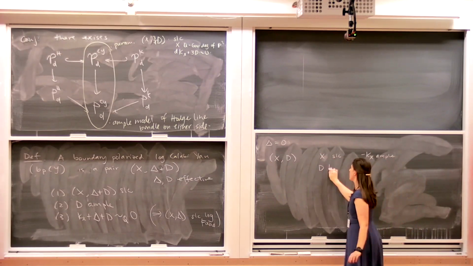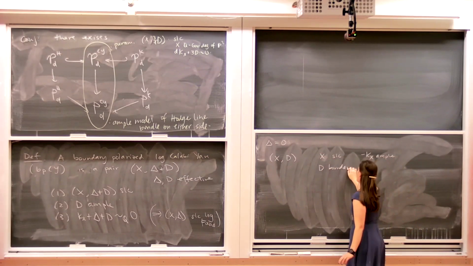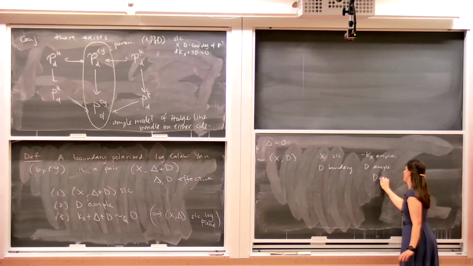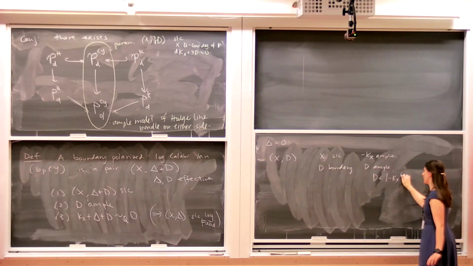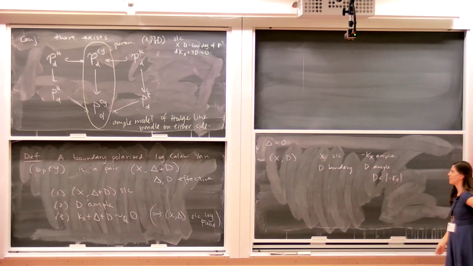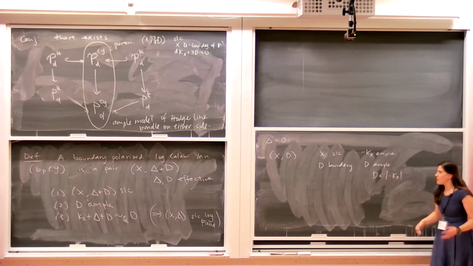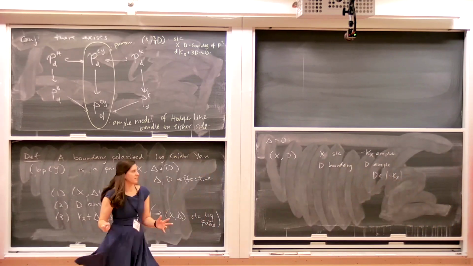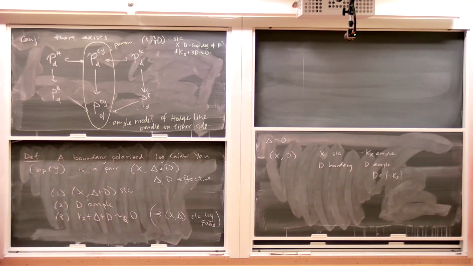And D is a boundary that is itself ample, in this linear system. I'm not being careful about the coefficients at the moment, but this seems like maybe a strong assumption. In fact, essentially all of the SLC Calabi-Yaus we care about will arise in this way. Yeah?